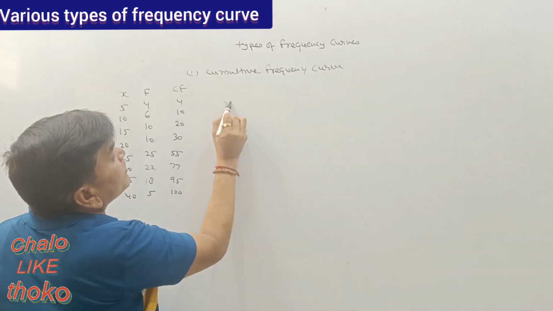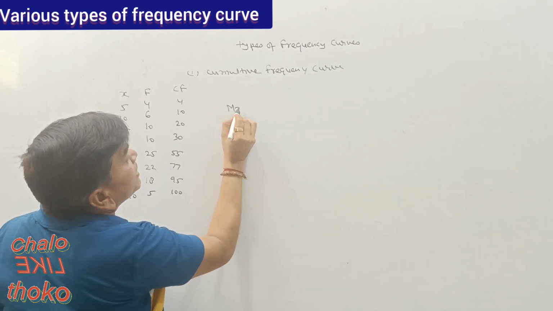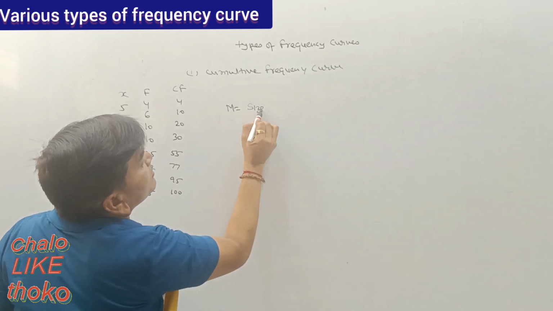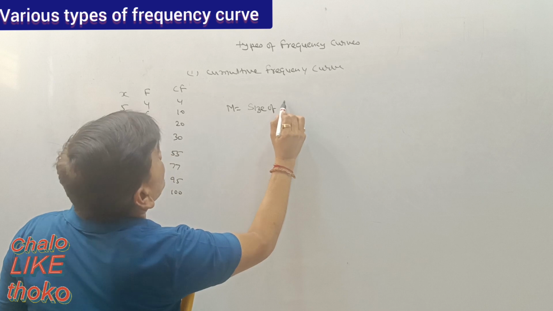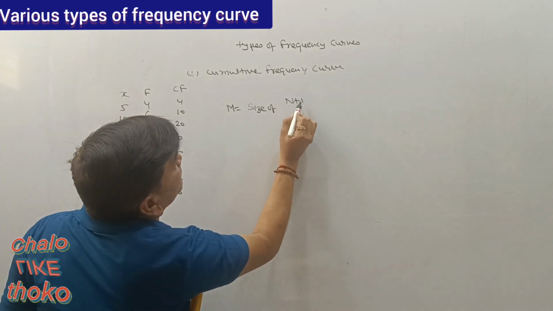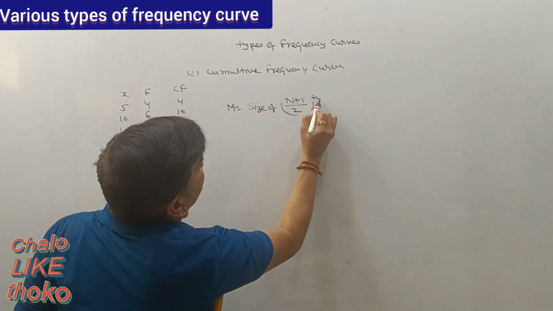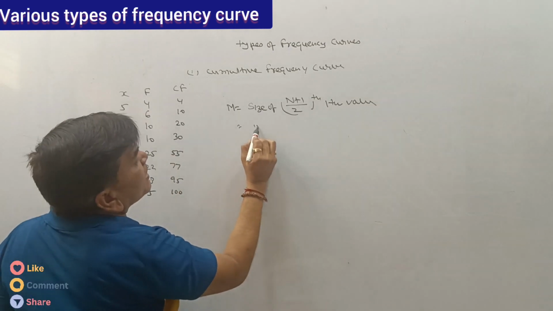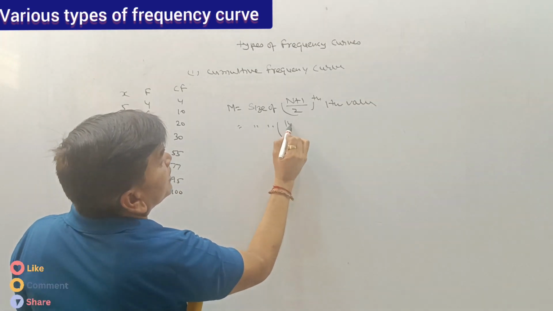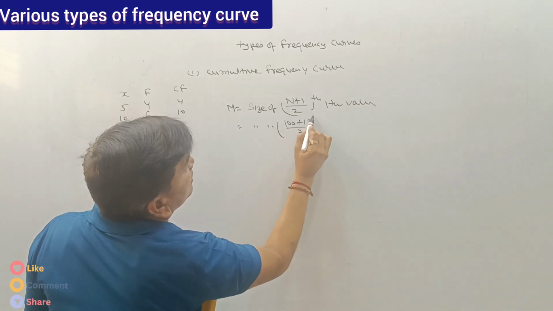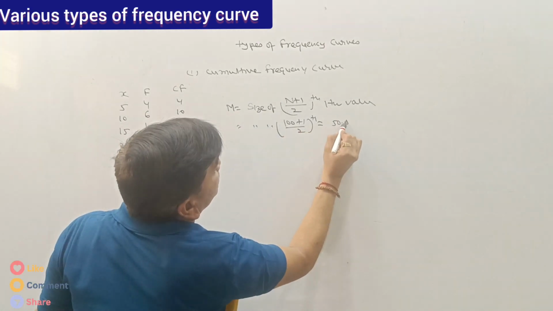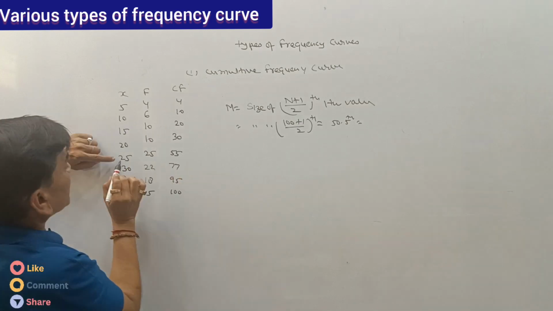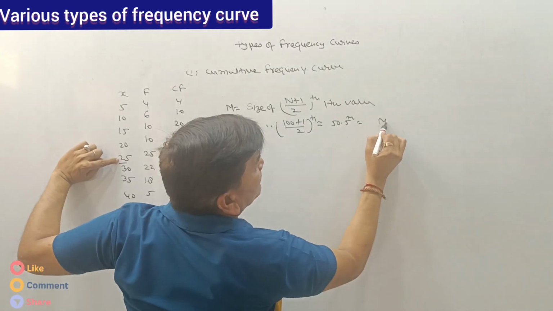If we are to calculate the median, the median is the size of the (n plus 1) upon 2th item value. So the size of (100 plus 1) upon 2th item value, that is the 50.5th item value. So here the median value is 25.